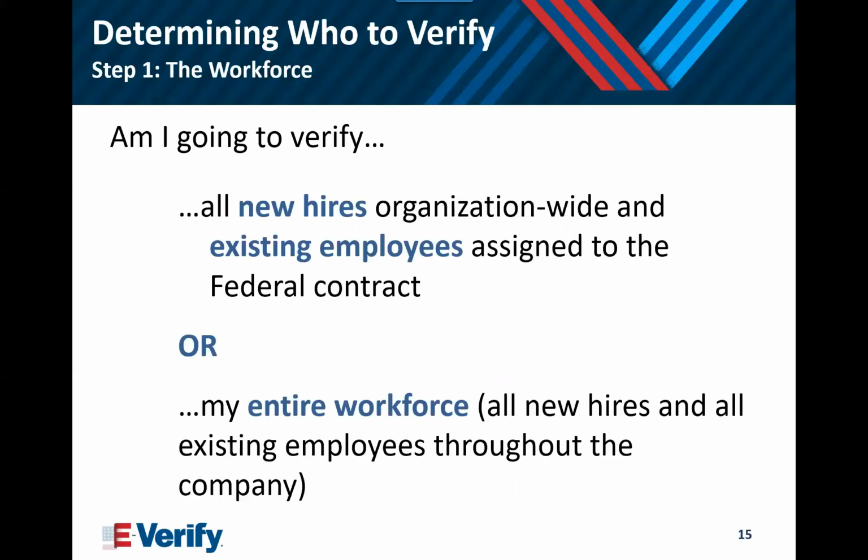As a federal contractor, however, you have the choice to verify all new hires organization-wide, plus existing employees assigned to the federal contract, or your entire workforce. So this is going to include all new hires throughout the company as well as all existing employees throughout the company. And this is a choice available to federal contractors.